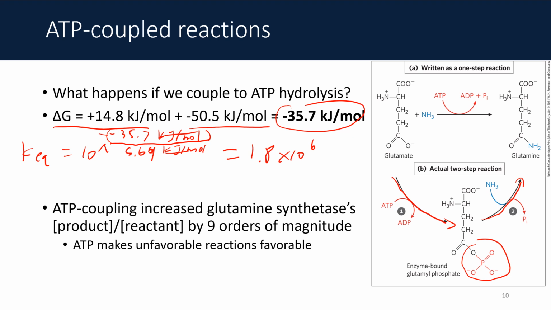AKA, we get 1.8 times 10 to the 6 products, glutamine, for every one reactant, glutamate.